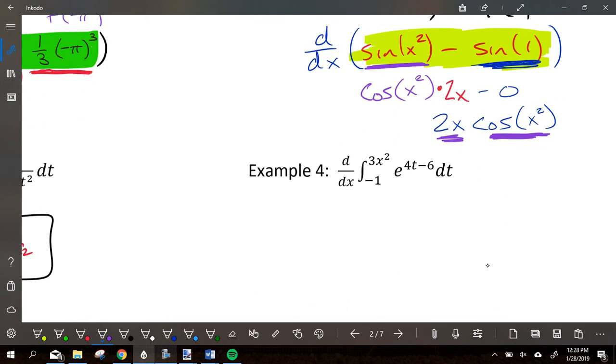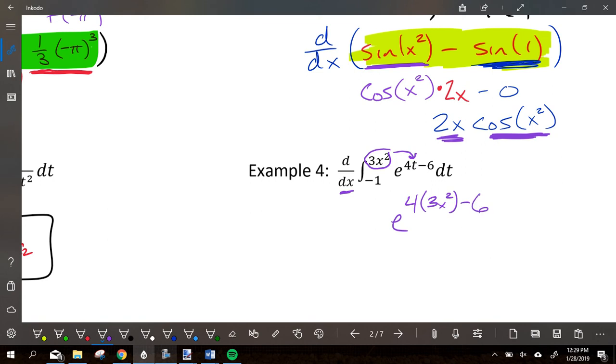So if we look at this next guy, number 4, it's a derivative of this integral. It starts with a number and goes to x, so x is in my upper bound like I wanted. To take the derivative of this integral, we take the upper bound and plug it into my problem. So it's going to be e to the 4 times 3x squared minus 6.